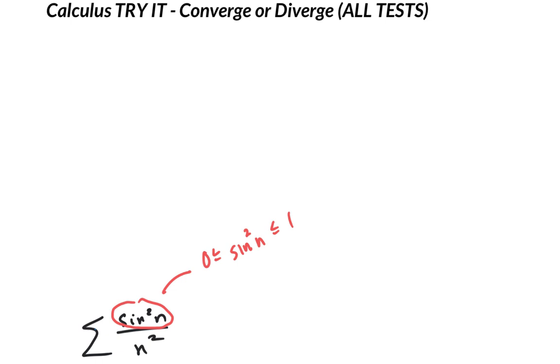So the numerator's greatest value would be 1. So 1 over n squared would always be greater than or equal to sine squared of n over n squared, because sine's maximum value is 1. Well, this is a convergent p-series, and if it's greater than this other series, this must converge as well by direct comparison.